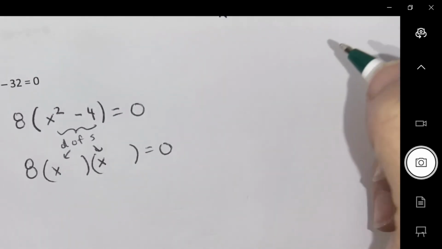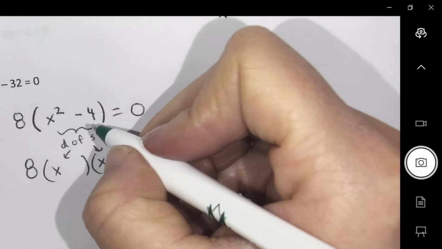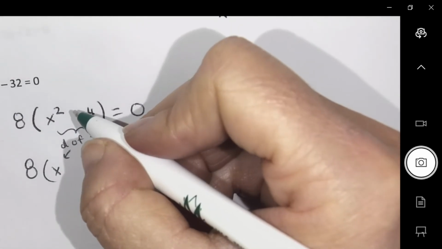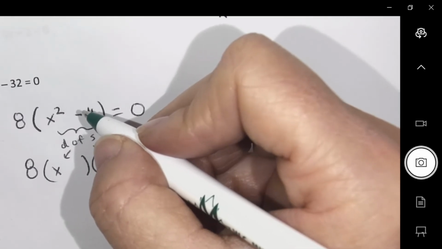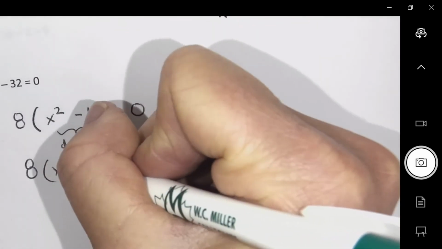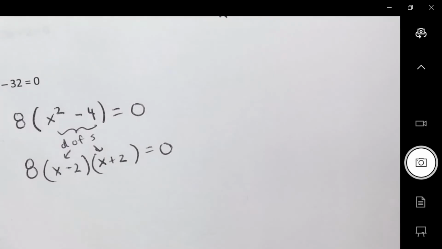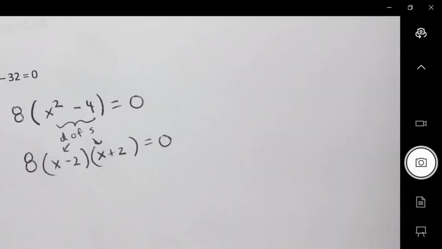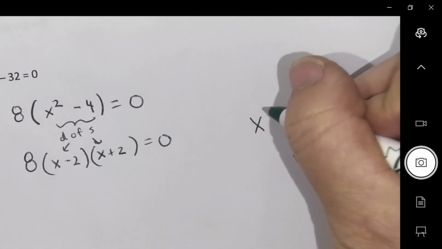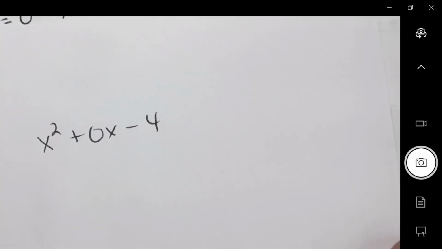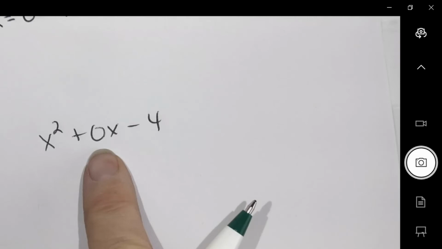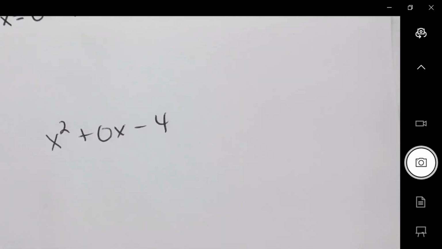The last times the last makes -4. It technically has to add to 0 in the middle. A difference of squares technically looks like this.